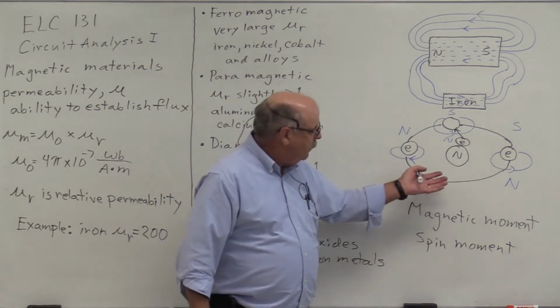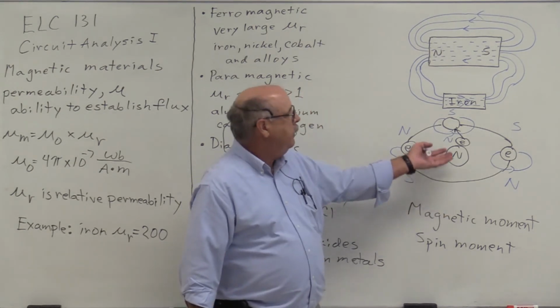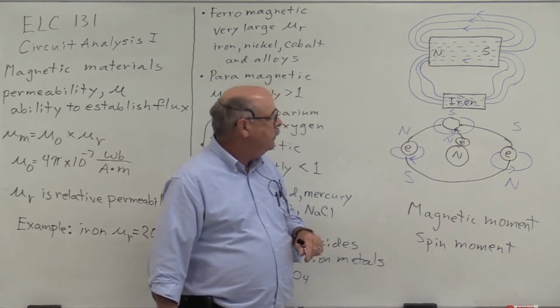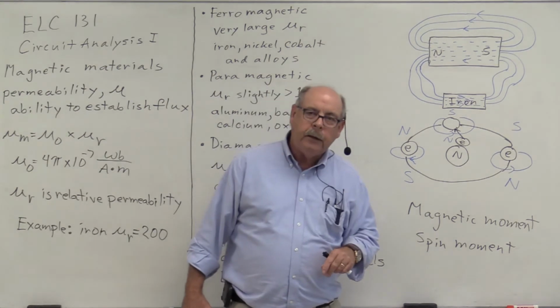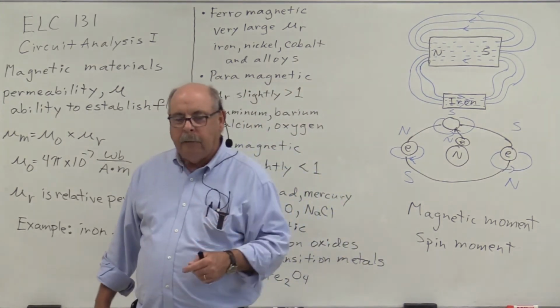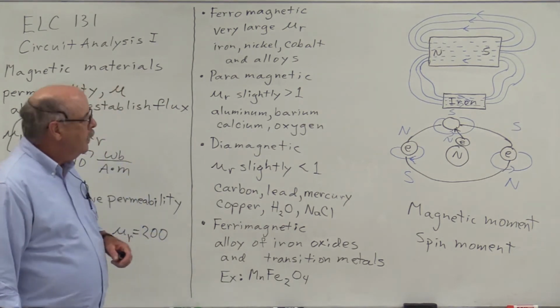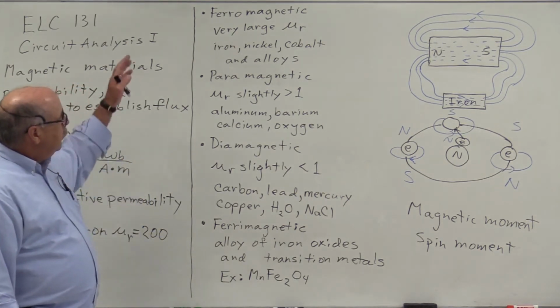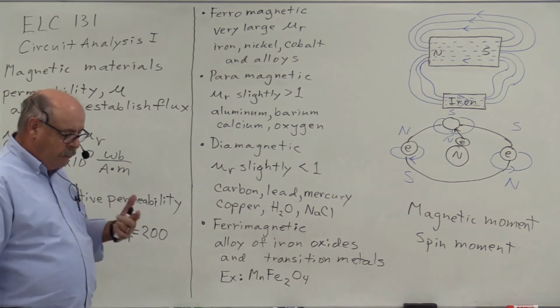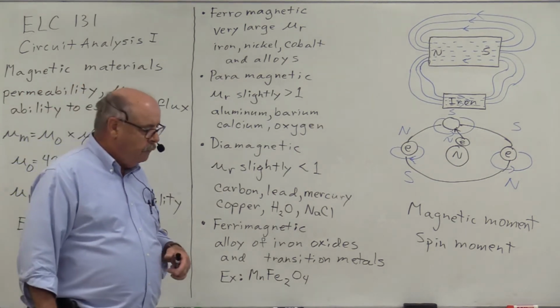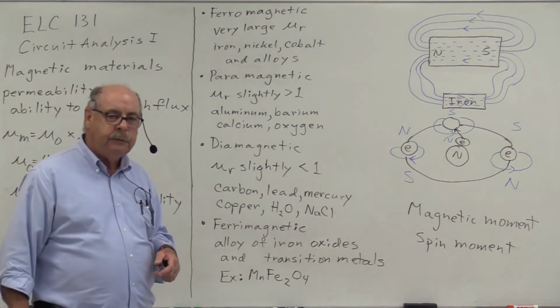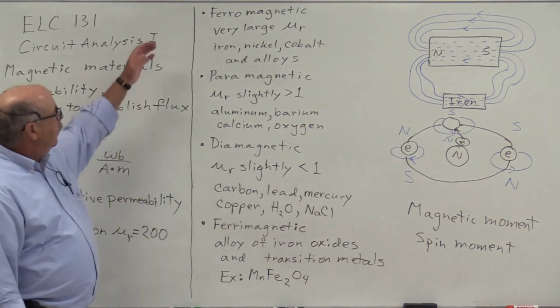And that's what makes this chunk of iron be pulled back towards the permanent magnet. It's all about atomic structure.